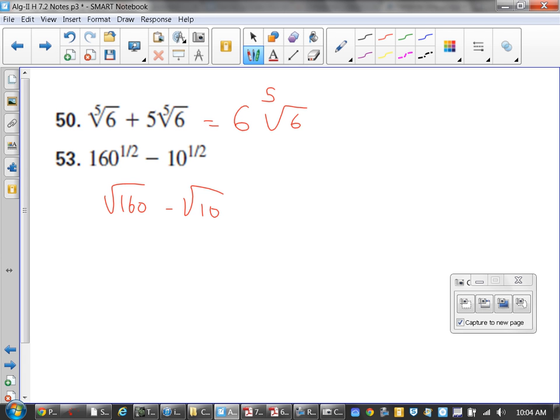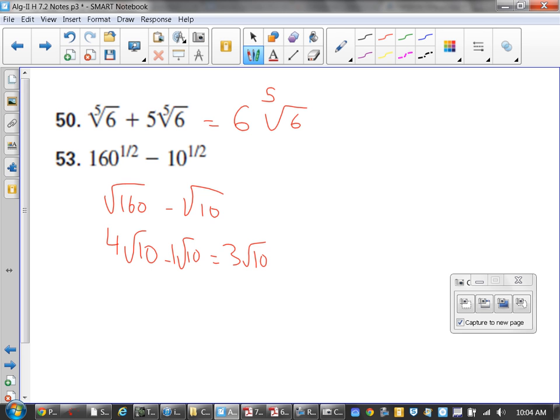What would you get? 40. This is 4 root 10 minus, what's the value in front of the radical here? 1. Minus 1 root 10 gives you? 3 root 10. Awesome. You've done that problem in the past, you just didn't do it in terms of a fractional exponent. Am I right? That one was easy. But all the rest, not so much.